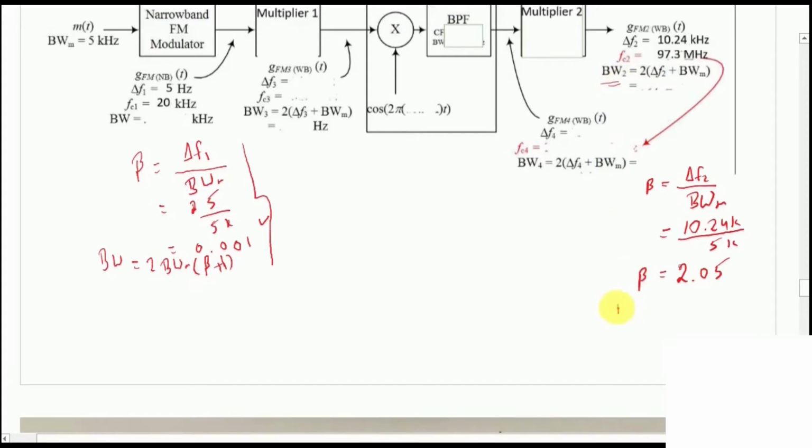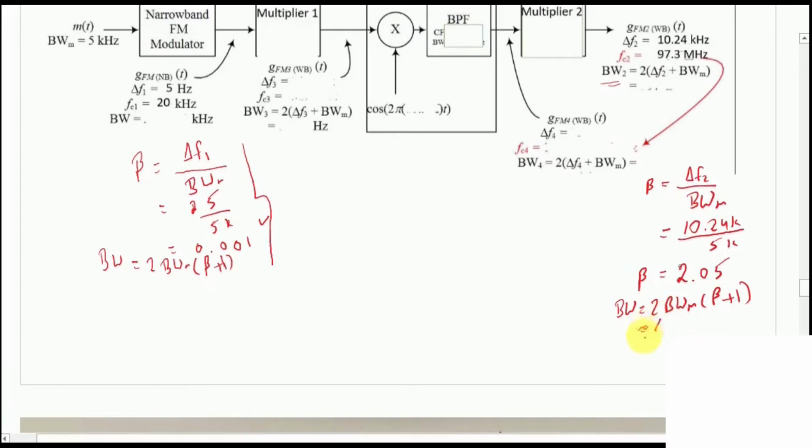The bandwidth is easy to calculate. Again we have 2 B_m (beta plus 1). Beta is 2.05, so 2.05 plus 1 becomes 3.05, and multiplying by 2 gives 6.1 B_m, and B_m is 5 kilohertz.